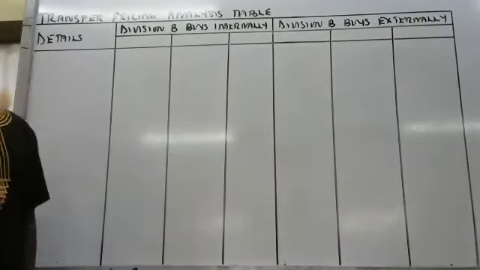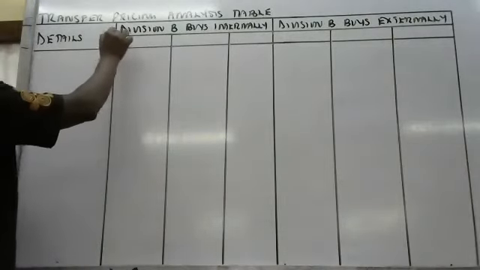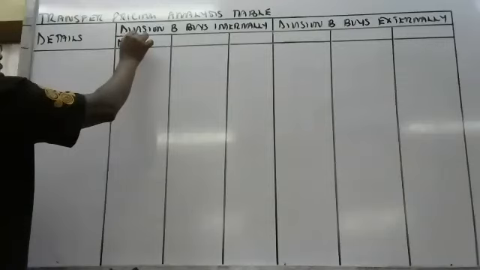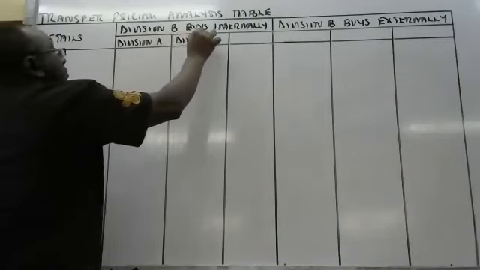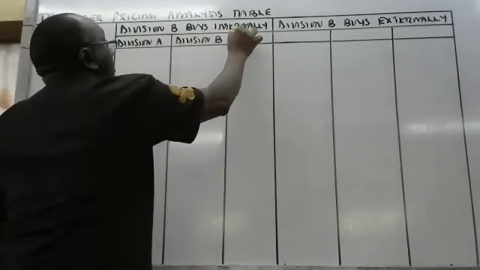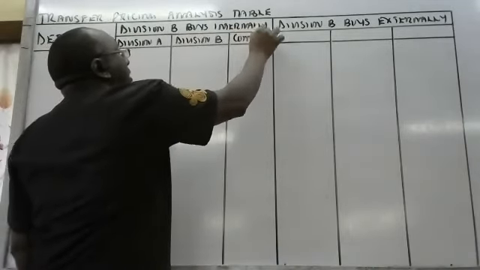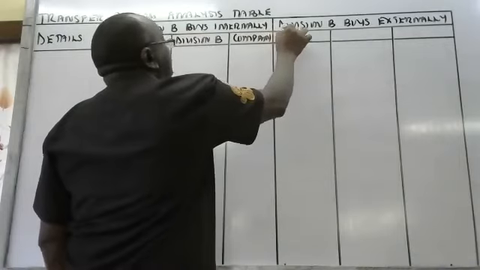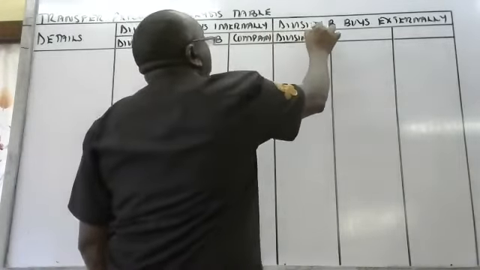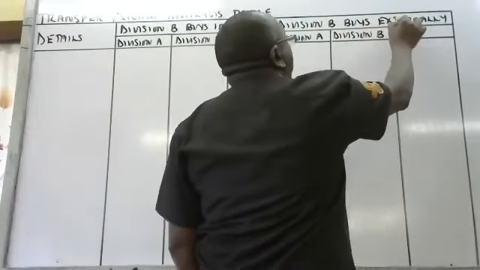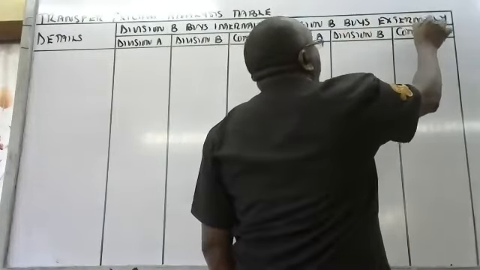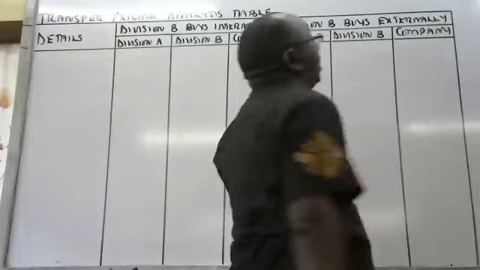Yes. So with that, now I will have division A, then I will have division B, then I will have the company here: division A, division B, and then the company.